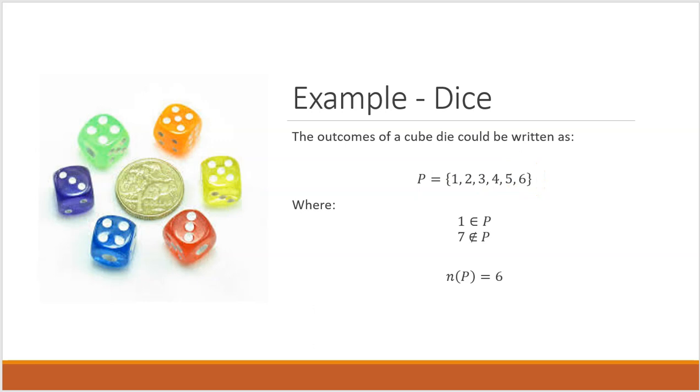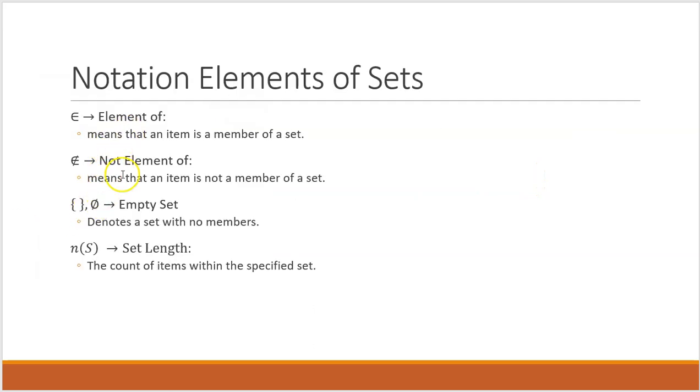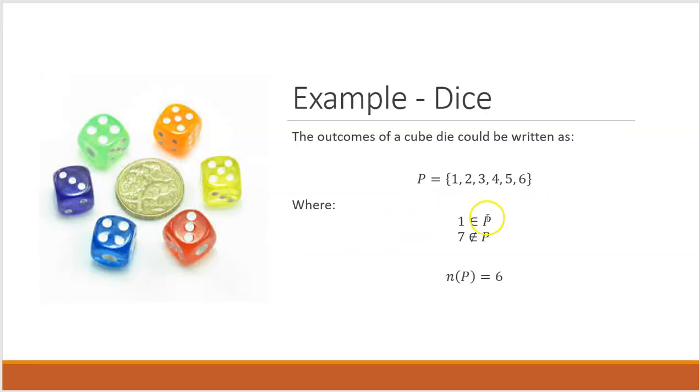And if we're going to use our notation from before, so element of and not element of, we can see in this first line that 1 is an element of set P. Set P represents the different outcomes that you could have if you tossed a cube die. Going one line down, 7 is not a member of P. So if you toss a die, you can't get an outcome of 7.